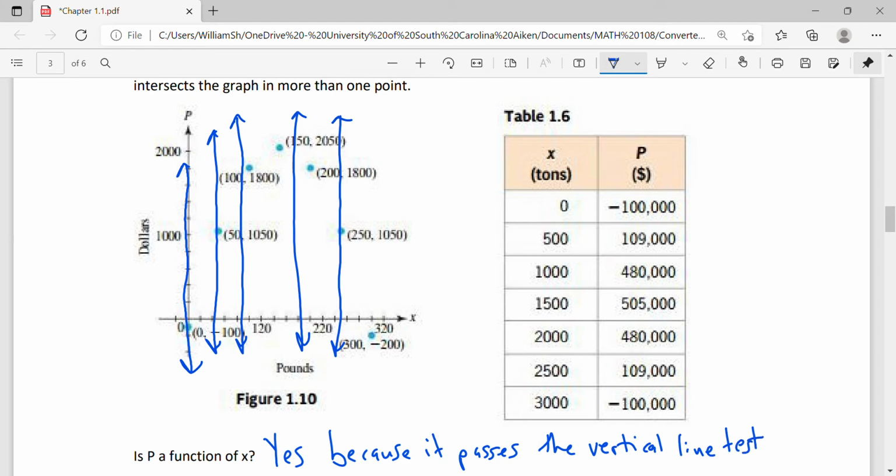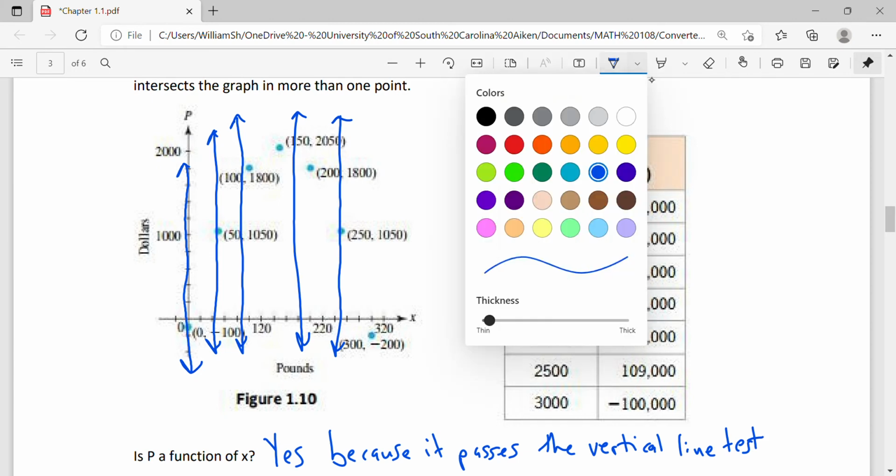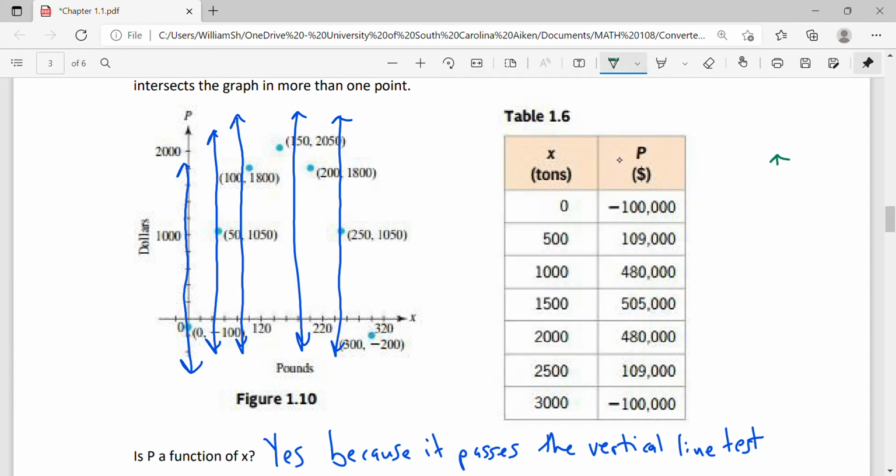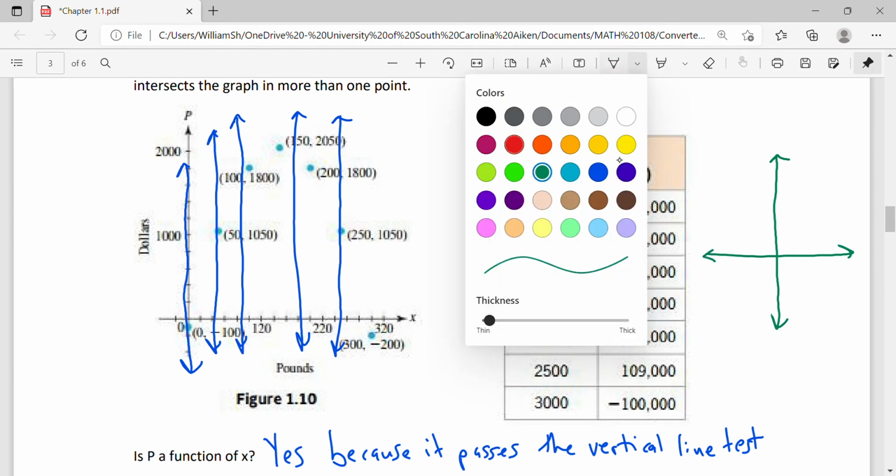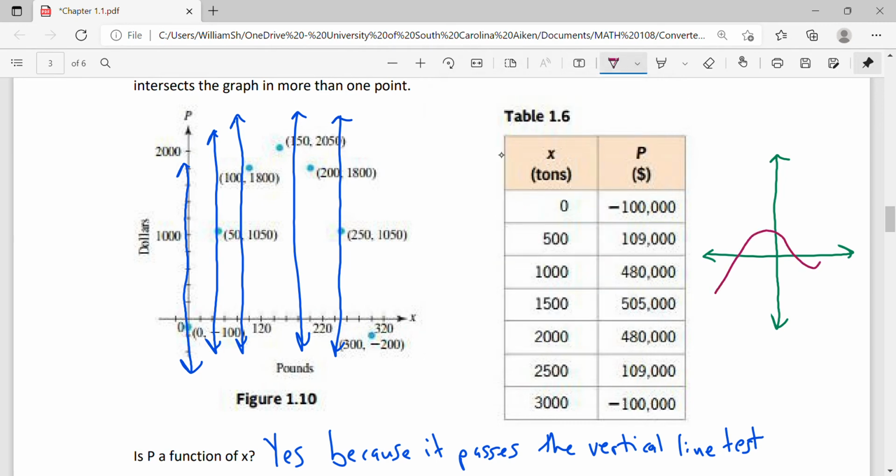Now, I'm going to draw a little graph to the side here just to give you another example of the vertical line test that might be a little more interesting to you. This is just an additional example for you. Let me draw the graph with another color here. So if I have a graph that looks like this, the burgundy-ish line there is my graph.